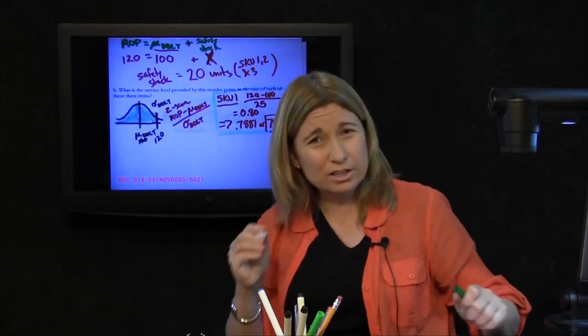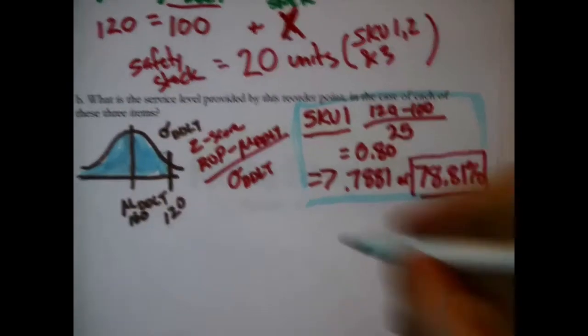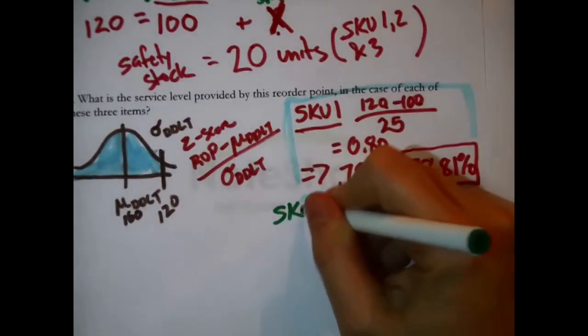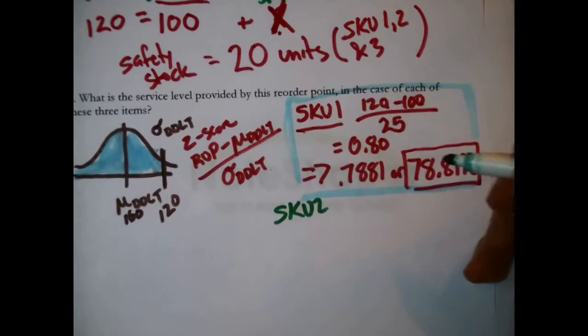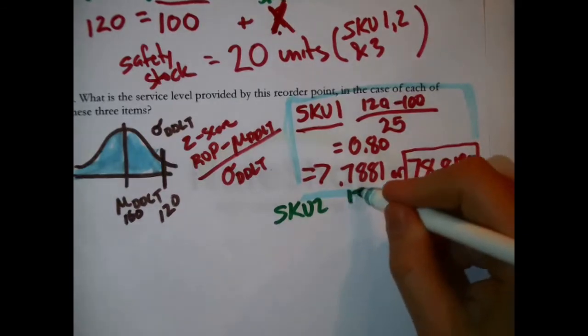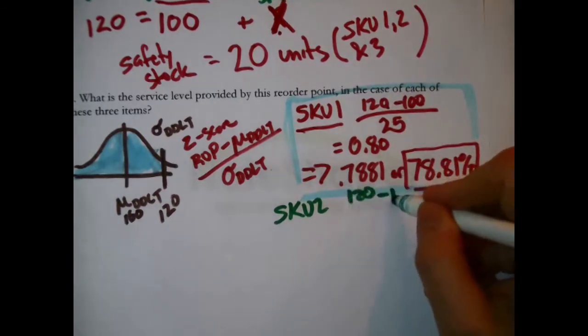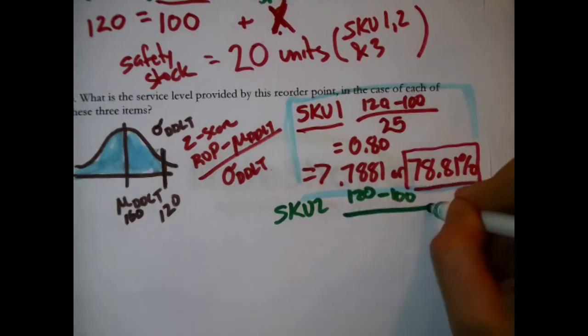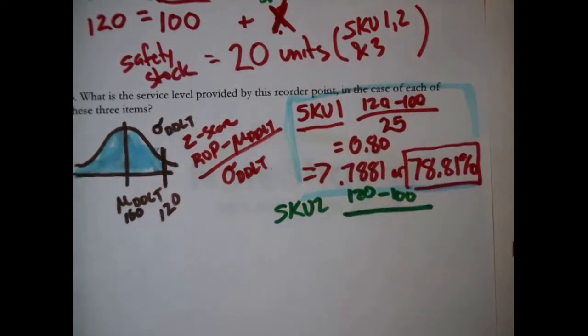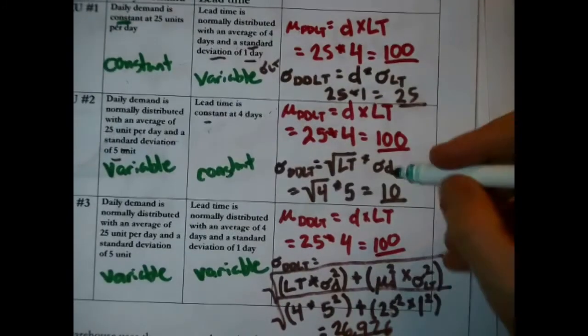What about SKU2? Just repeat these steps. SKU2, first calculate the z-score. 120 minus 100 divided by, now wait, let me check my workings, because what was the standard deviation?